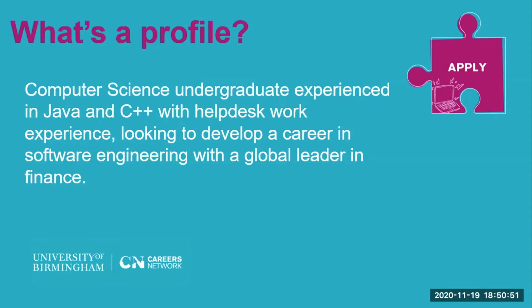And they've mentioned some work experience as well, and they've said what they're looking for. So I would hope that this profile would be going to a global leader in finance for a software engineering role, because if it's not, it's completely irrelevant and the CV will probably go in the bin. So this is why it's really, really important to tailor your CV to the person who's going to be reading it.